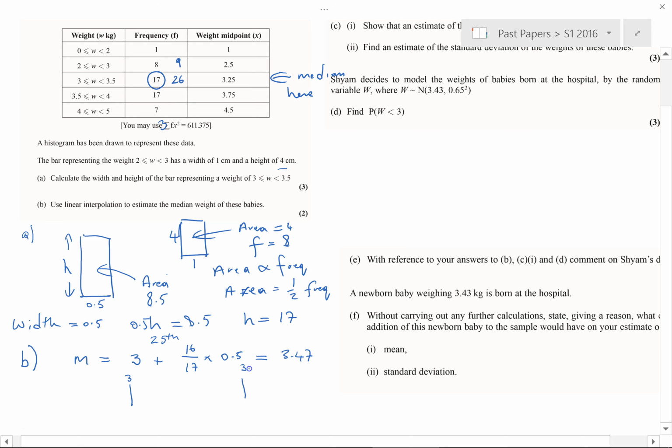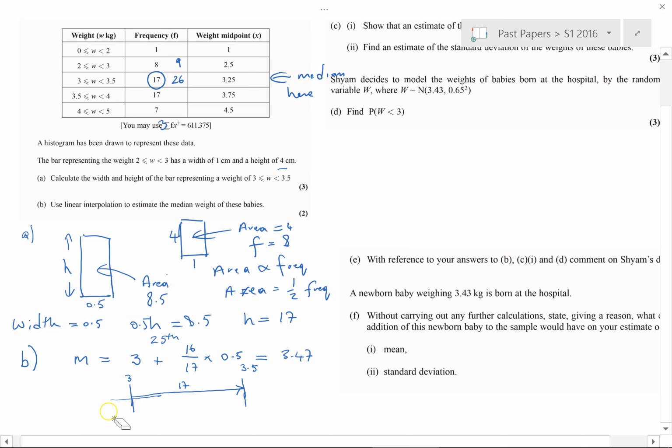Okay, so intuitively I think that makes sense, but I'll do a diagram for those of you who perhaps struggle with this. Might not help, but we'll do it anyway. 3 to 3.5, we know the median is somewhere there. We know that there's 17 that go along that group. Remember, this is a number line, 3 to 3.5.